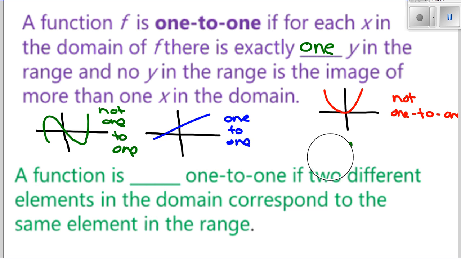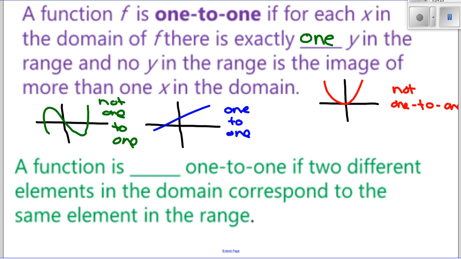So that's a little overview of what we're about to go on about on the next page. I should also remind you, a function is not one-to-one if two different elements in the domain correspond to the same element in the range.